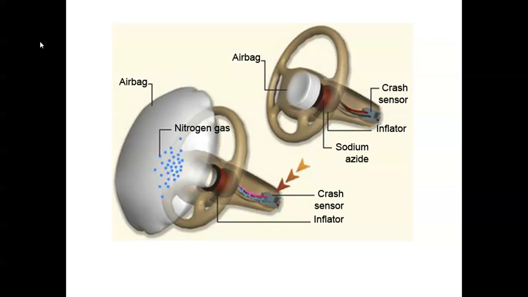Once the collision happens, the electrical sensor gives the information, then nitrogen is filled into the bag, and the bag inflates in front of the driver. This process is completed within 0.1 second.